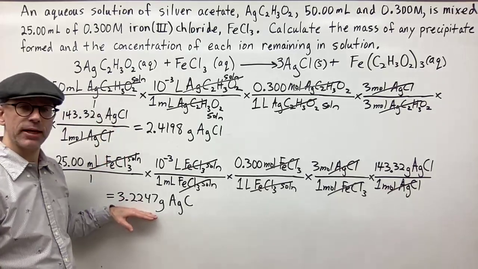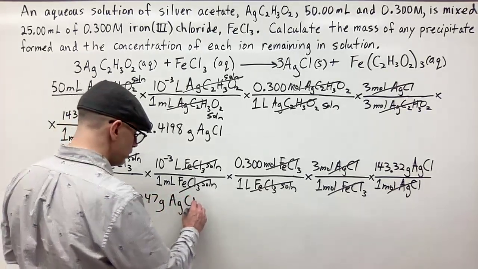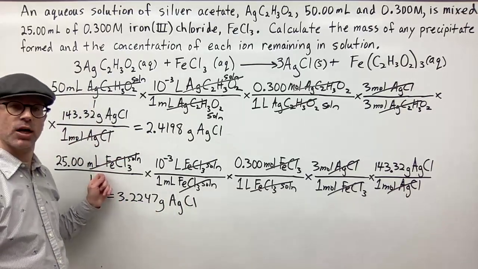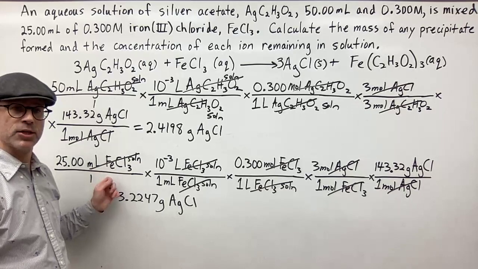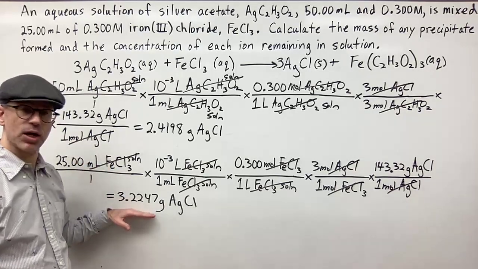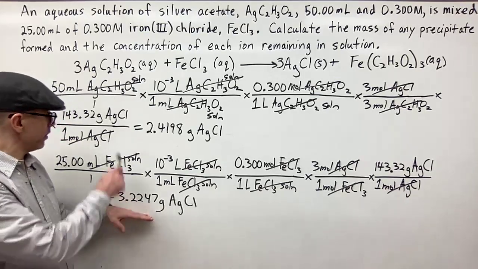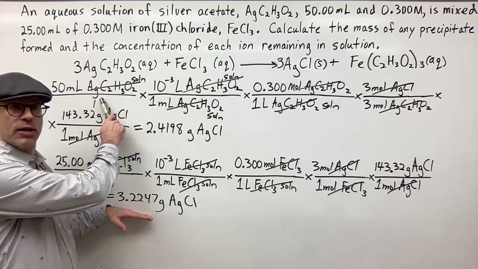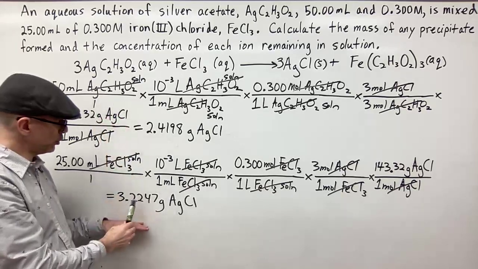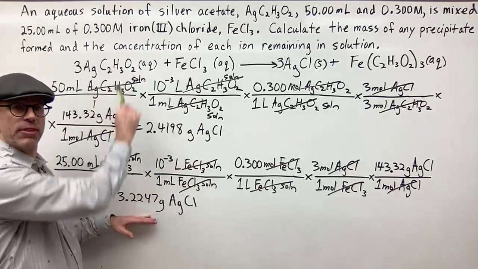Same thing, this is the amount of silver chloride that can be produced from this amount of the iron 3 chloride. So if this was to react to completion, it would produce a maximum of 3.2247. Well, the amount of this silver acetate that we formed is not enough to create this amount. Because remember, this is the maximum amount we can get from this substance.